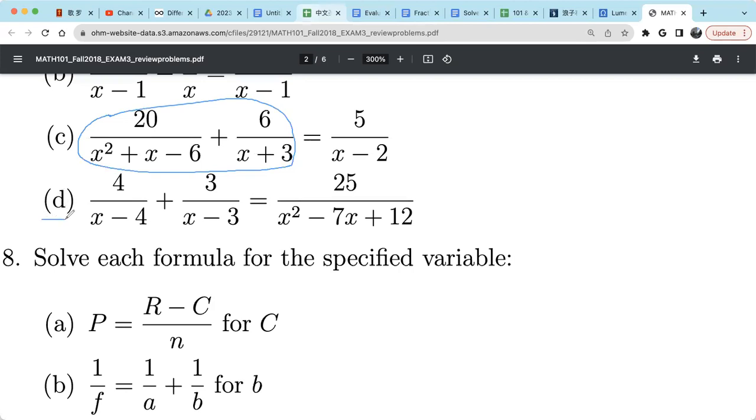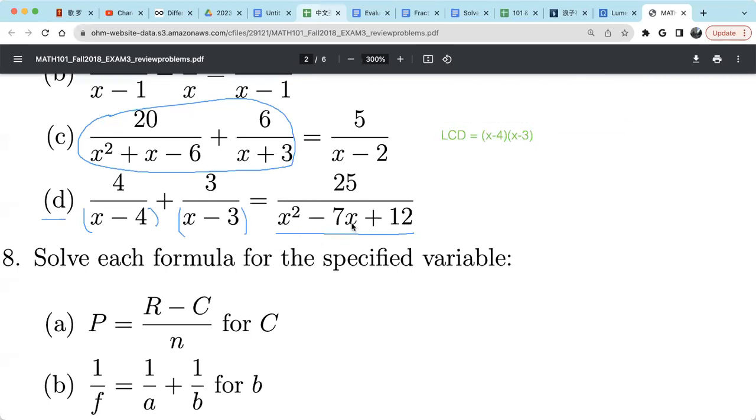Let's see D. D, x squared minus 7x plus 12 can be factored into those two factors. Let's multiply everyone by the LCD. So the obvious LCD for D is x minus 4 times x minus 3, right?